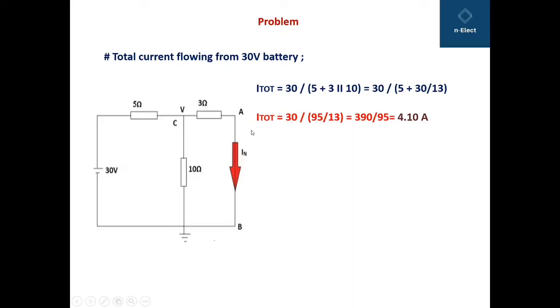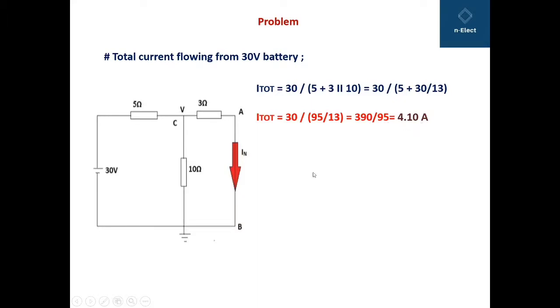So I total will be equal to 30 divided by 5 plus 3 parallel 10. On calculating, I get 30 divided by 5 plus 30 upon 13, which gives 30 divided by 95 upon 13, that is 390 divided by 95, which ultimately gives me 4.10 amperes.